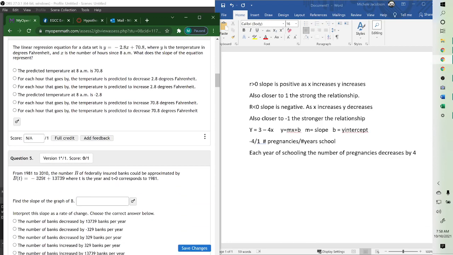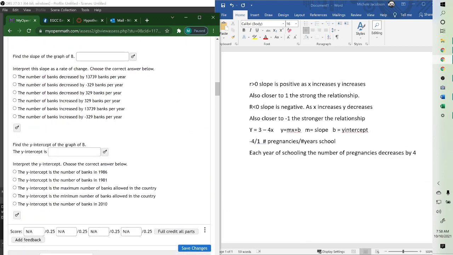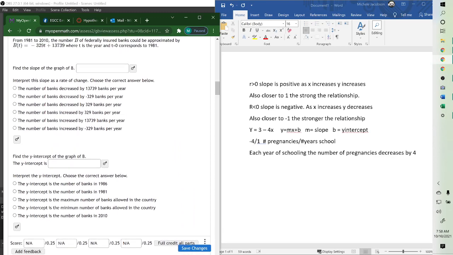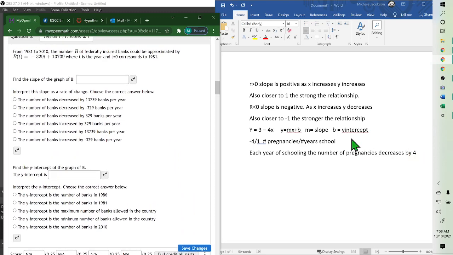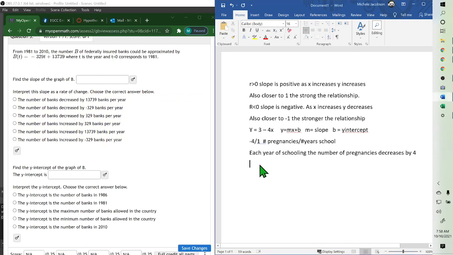That one's another negative. Okay, this one, it has both. From 1981 to 2010, the number B of federally insured banks could be approximated by B of T equals this, negative 3.7.